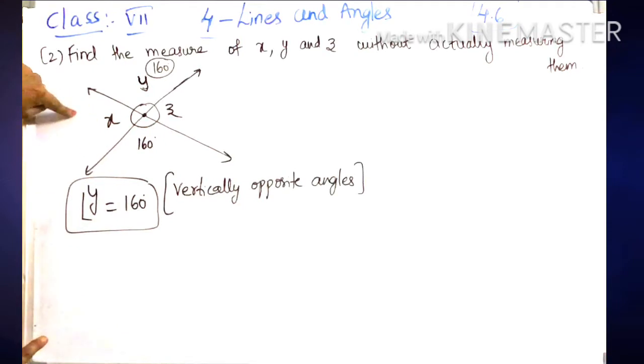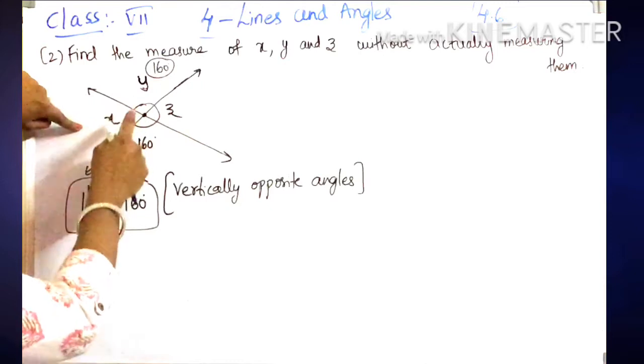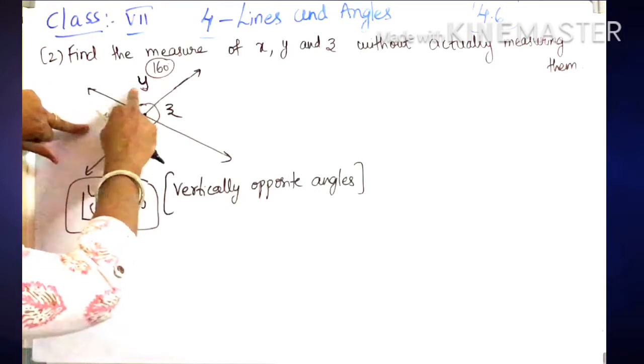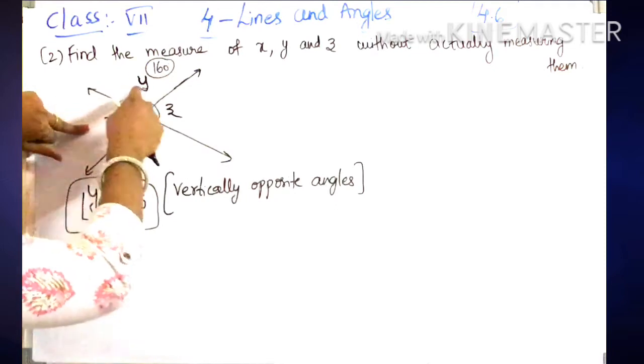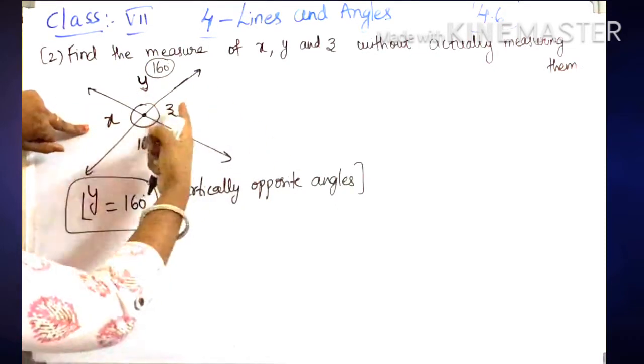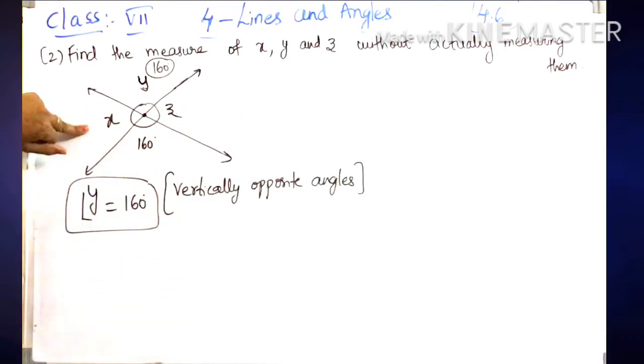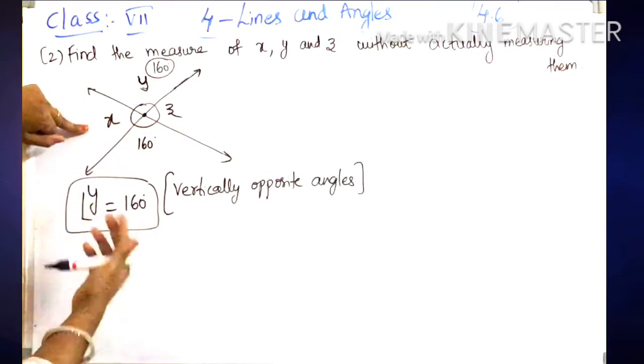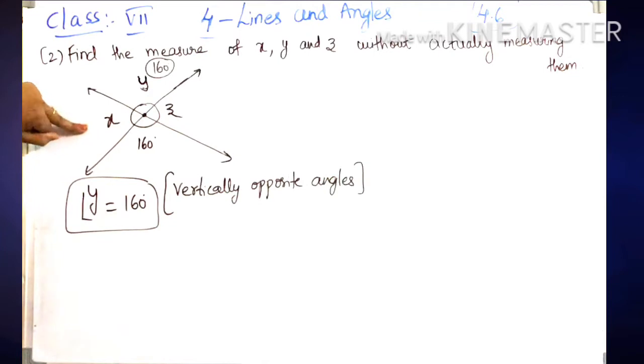Coming to the linear pair, the sum of two adjacent angles is equal to 180. Means you can take x plus y as 180, y plus z as 180, z plus 160 equal to 180, x plus 160 equal to 180. You can take any pair, children, and you will get the same answer.